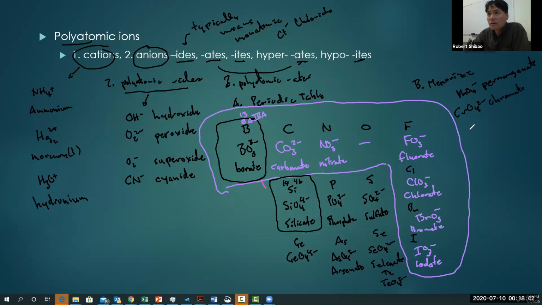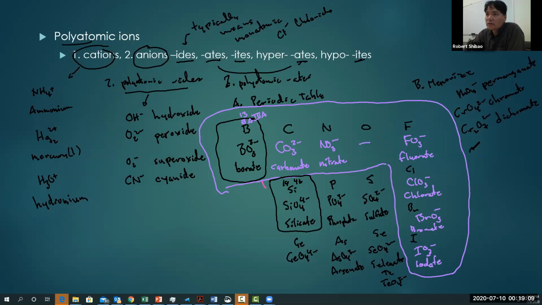Then we have dichromate, which is Cr2O7 2-. This is dichromate. You'd expect it to be Cr2O8, but we lose one of the oxygens to form the link that links up the 2 chromates together. So we got permanganate, chromate, dichromate, and then we have things like, what else do we have?